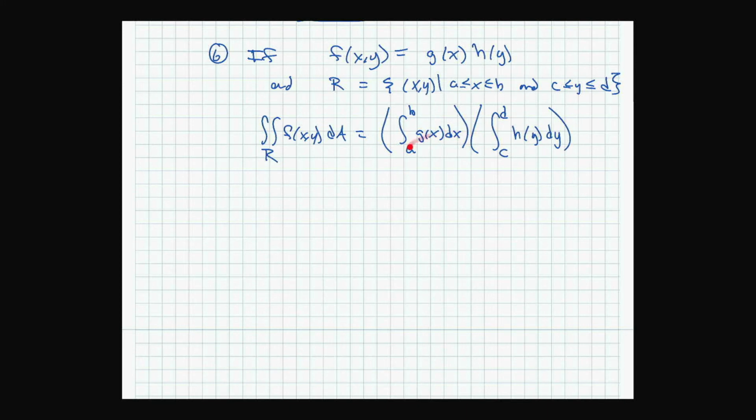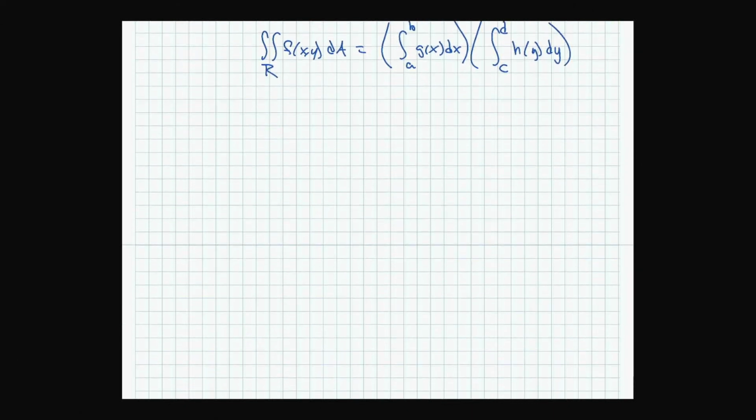I don't want to explain that too much right now, because we're going to learn how to do these anyway, and you're not really going to be relying on this theorem. So here's how we actually do it.